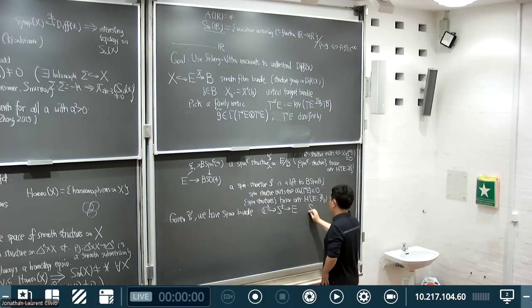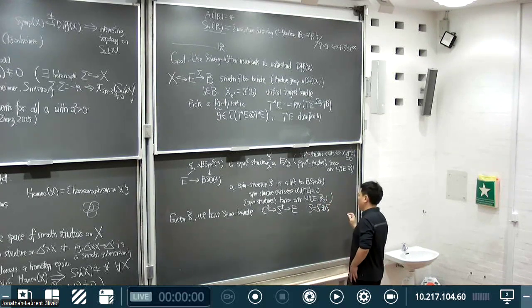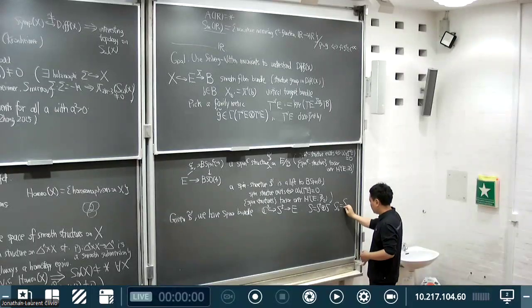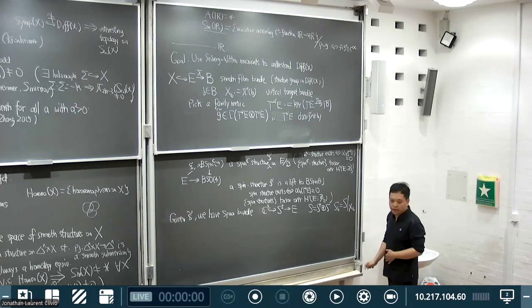I'm going to use S_b to denote the restriction of S to the fiber.